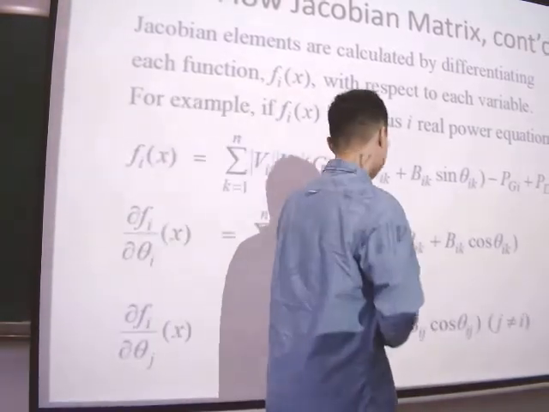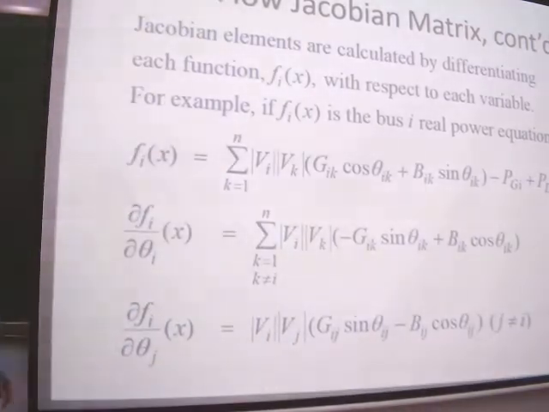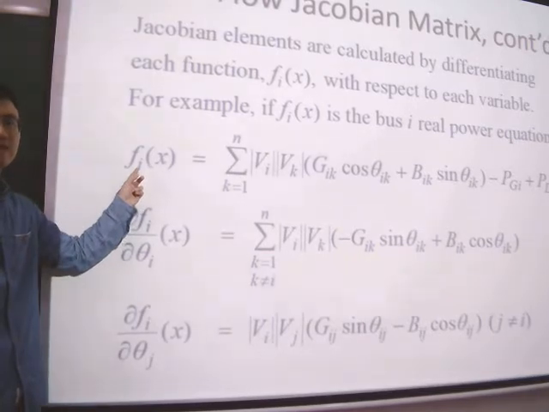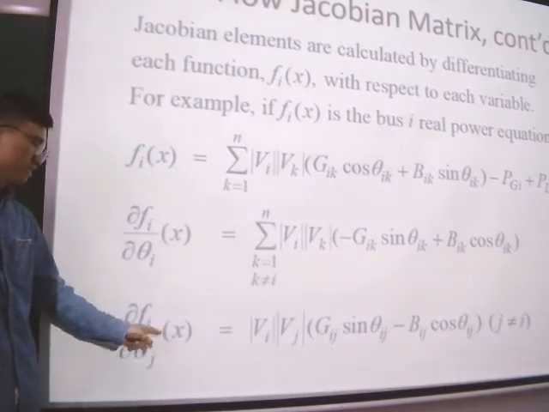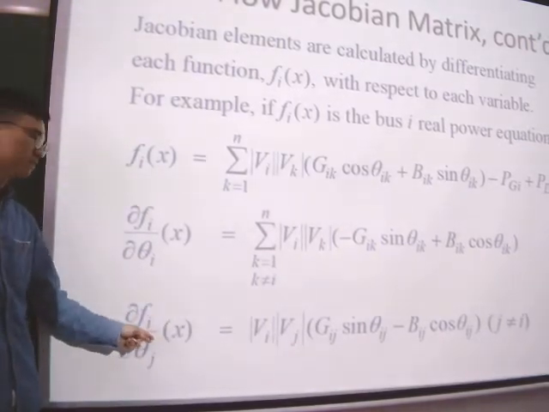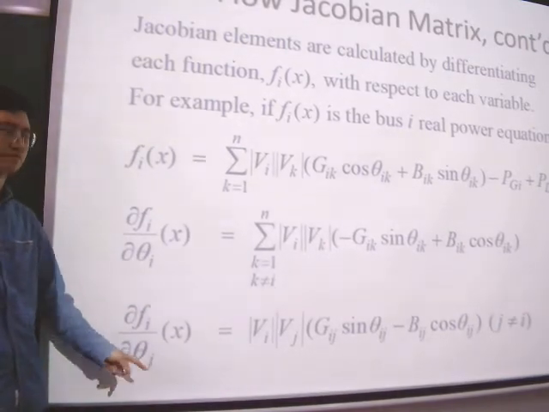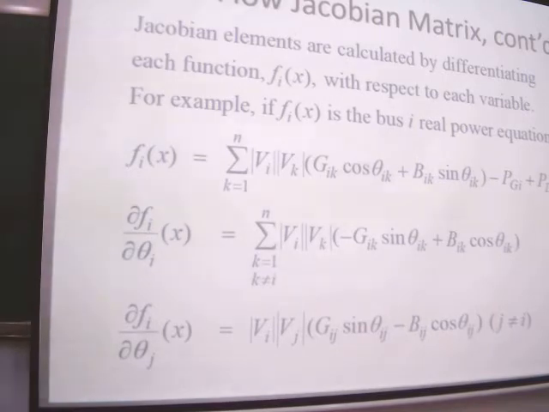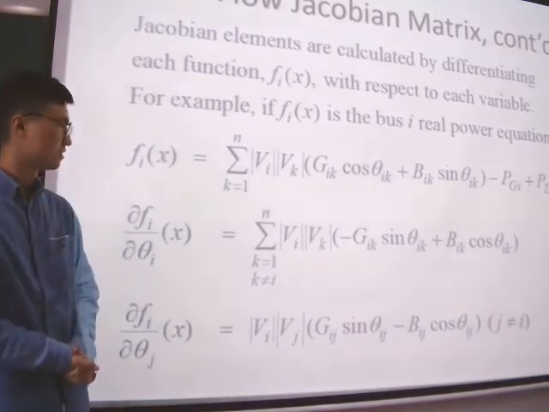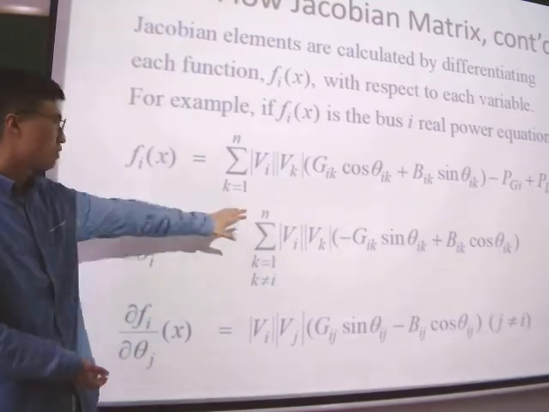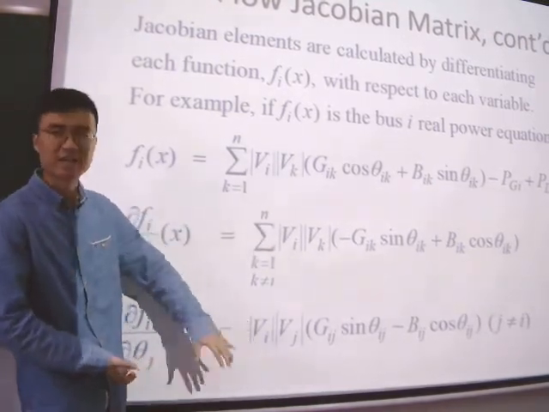We will write down like this. And because this is P_i, we need to get the differentiation with respect to bus j. How do we get this? So why has the sum disappeared here?